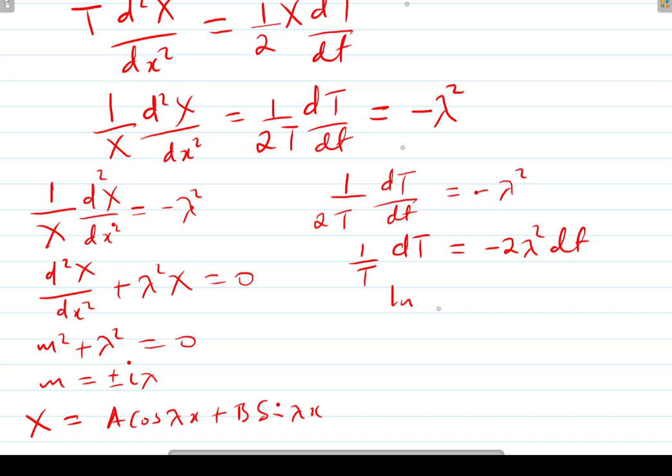So this is ln t equals negative 2 lambda squared t plus b. Or use what constant? I used a and b, so I use c, so that we have t equals c e to the negative 2 lambda squared t, like this.